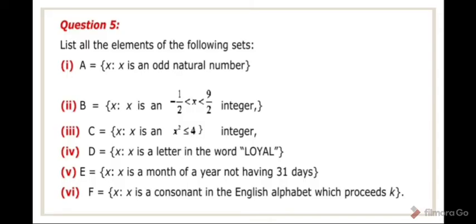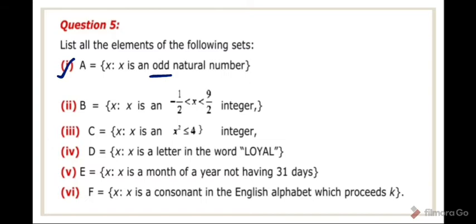Question number 5 is: list all elements of the following sets. First one is set A, where A is the collection of all x, where x is an odd natural number. Now you know that natural numbers start from 1, and the collection of natural numbers is 1, 2, 3, 4, 5, 6 and so on.